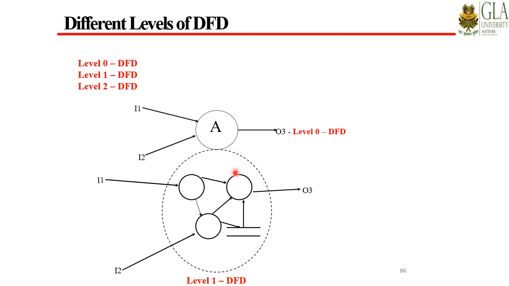Next is this level 1 DFD. Here in level 1 DFD, along with the information that we specified in level 0, we are going to specify the internal structure of the system also. So in this level 1 we will represent the internal processes, or the functionalities that we are going to provide in a system, through which the system will capture the required information inputted by the user.